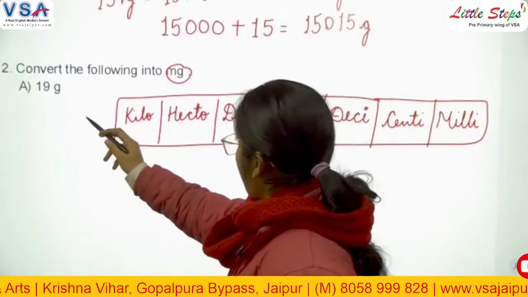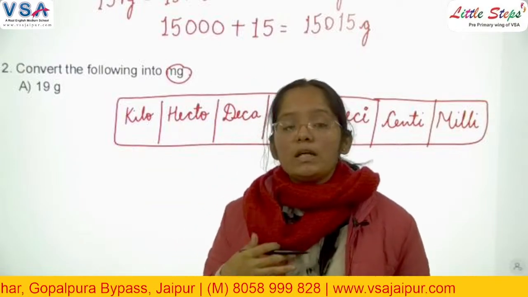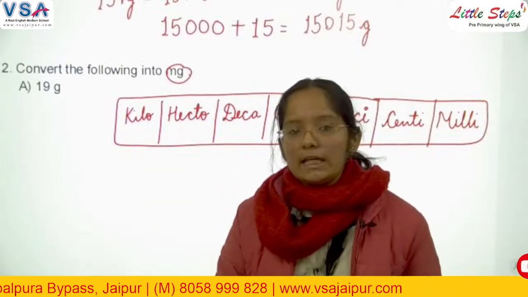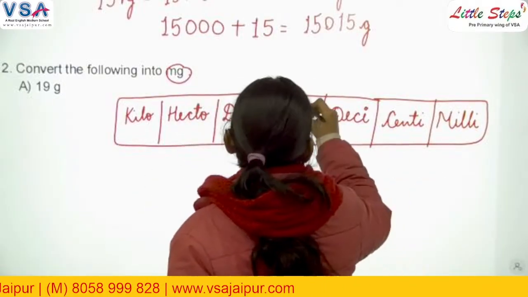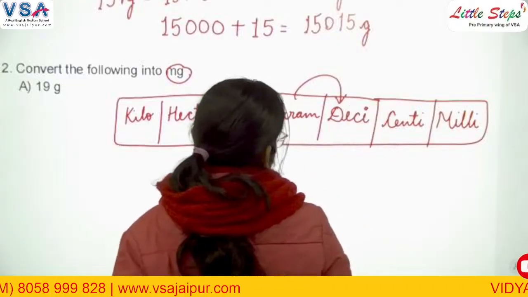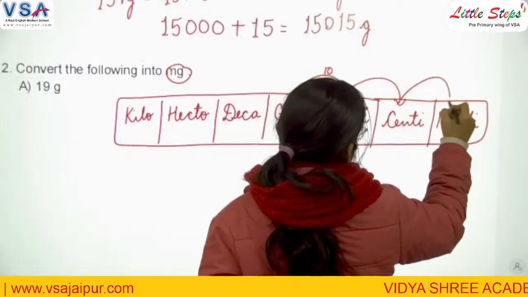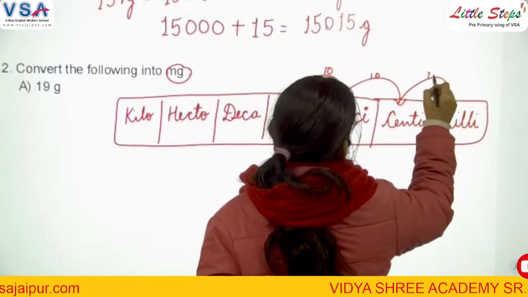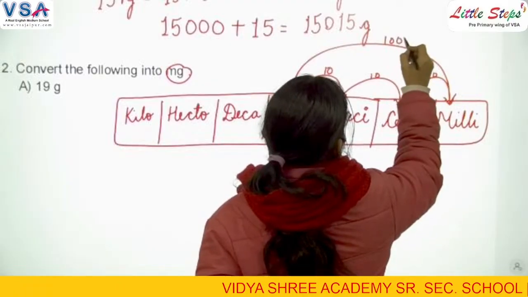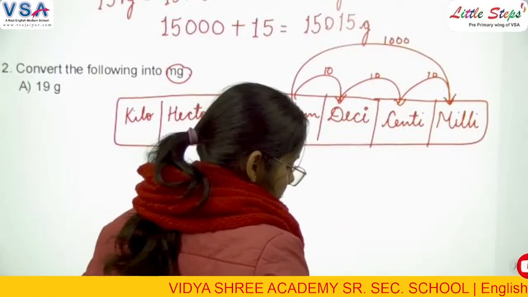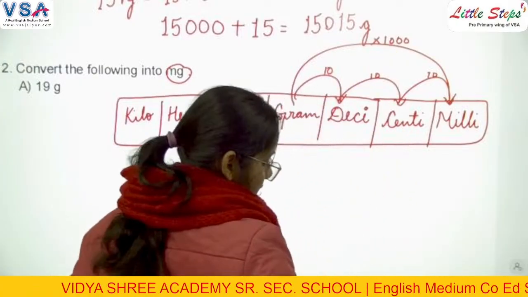We have to move from gram to milligram. In the comparison, gram is bigger than milligram. So from gram to milligram, it will be multiplied by 10, again 10, again 10. So it will be 3 times 10. We are moving directly from gram to milligram, so we will multiply by 1000. Am I right? All clear?